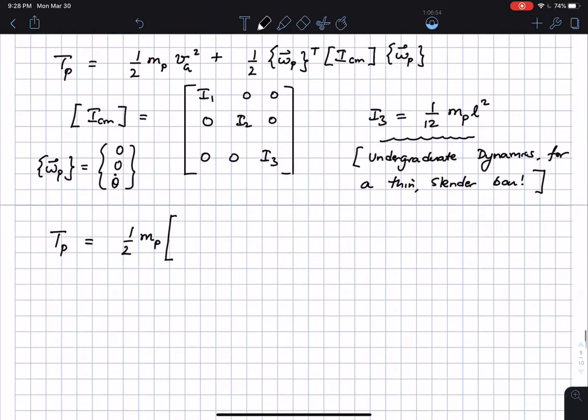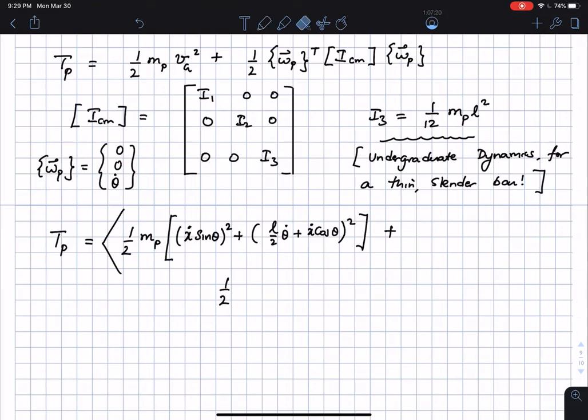So this is going to be, you've got to be careful, this is x dot sine theta squared plus L by 2 theta dot plus x dot cos theta squared plus, okay, this is going to be half times, if I do the matrix multiplication with the column vector and the row vector, here is what I'll end up getting.